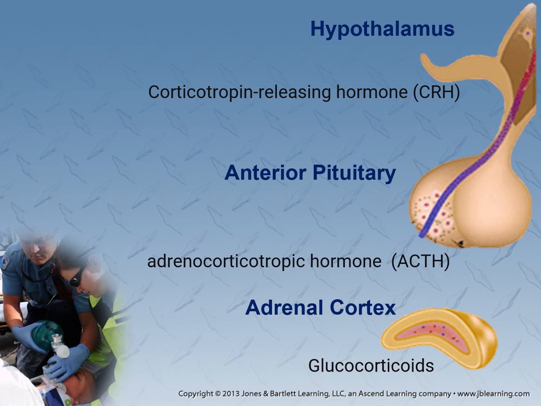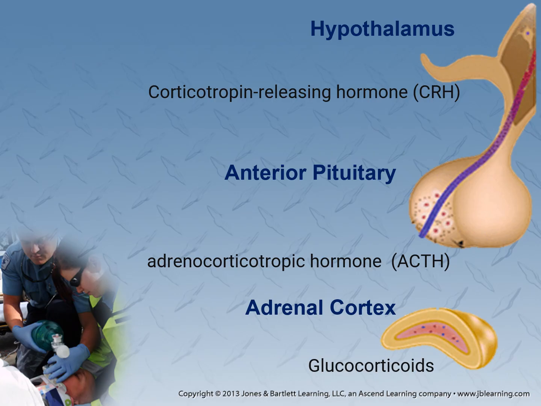That's called CRH. That travels down through the bloodstream to the anterior pituitary, and the anterior pituitary is going to end up releasing that adrenocorticotropic hormone, ACTH. That was on an earlier slide. That goes down to the adrenal cortex, and the adrenal cortex releases the glucocorticoids.